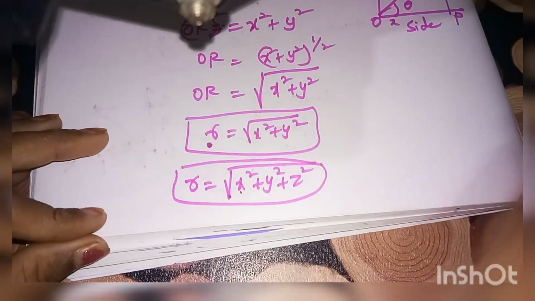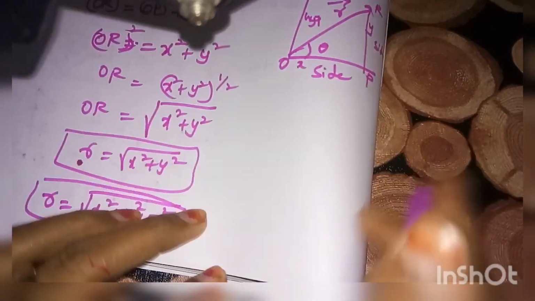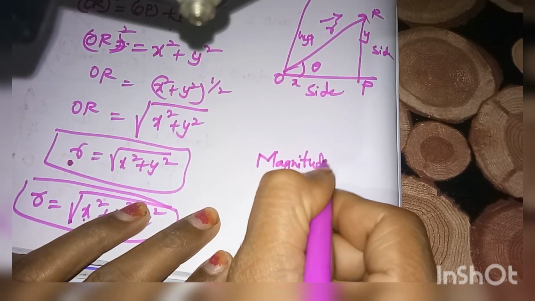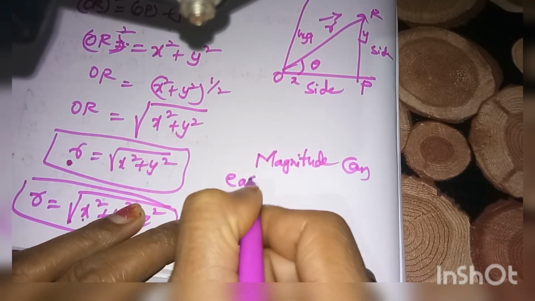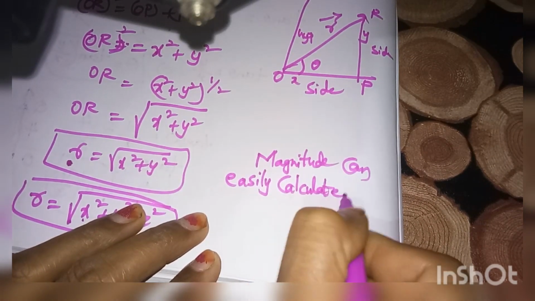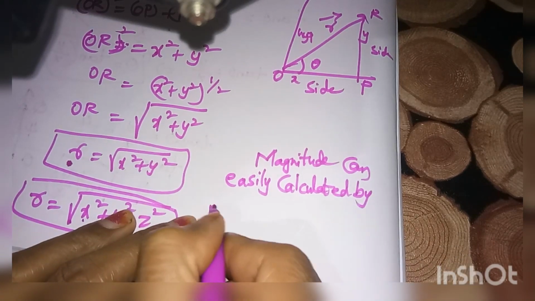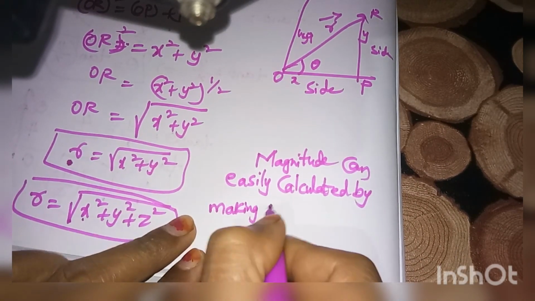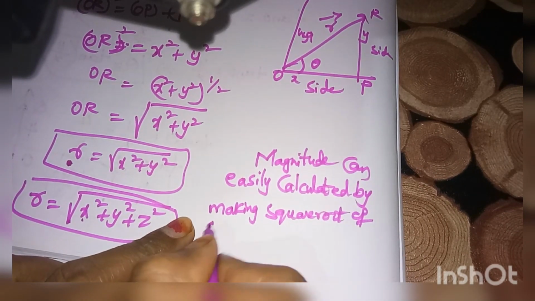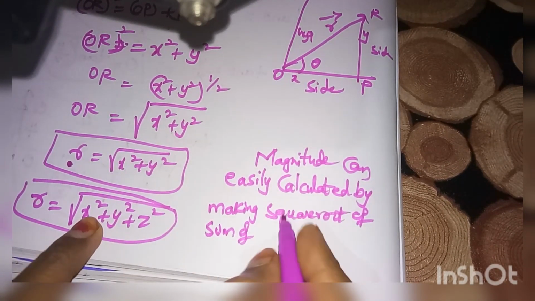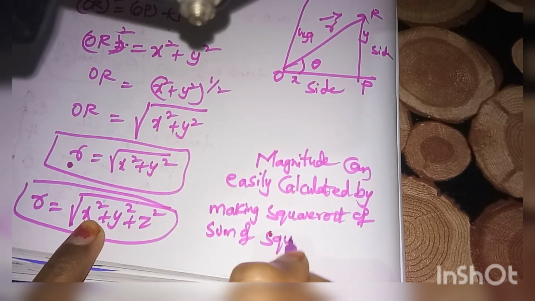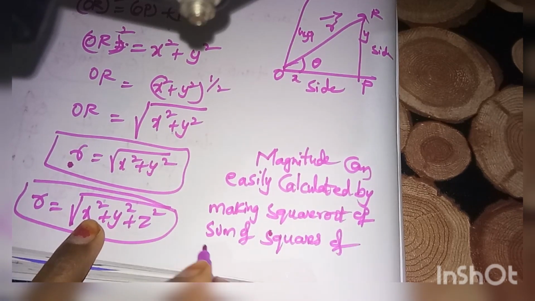So the magnitude can easily be calculated by taking the square root of the sum of squares of components.